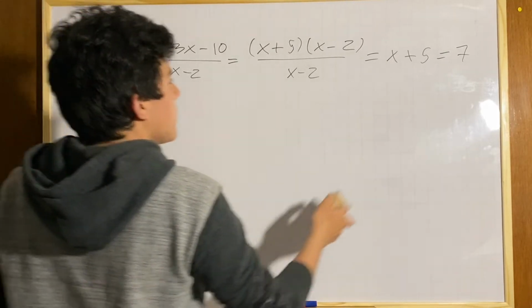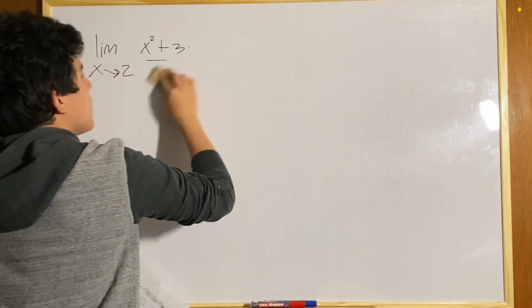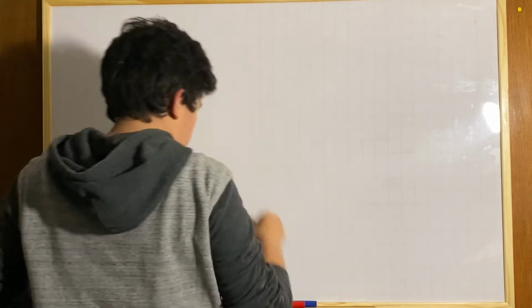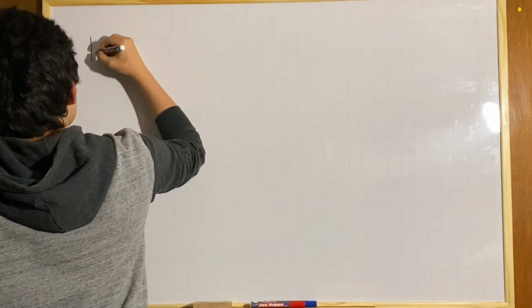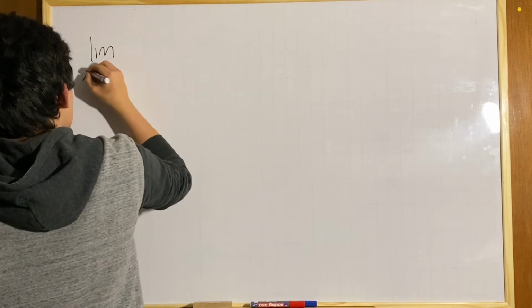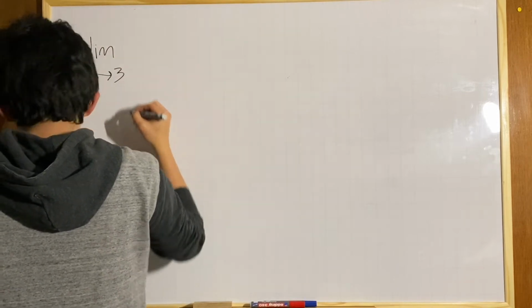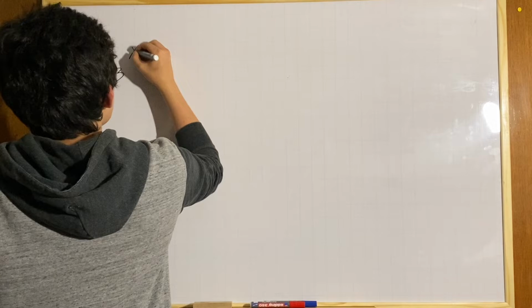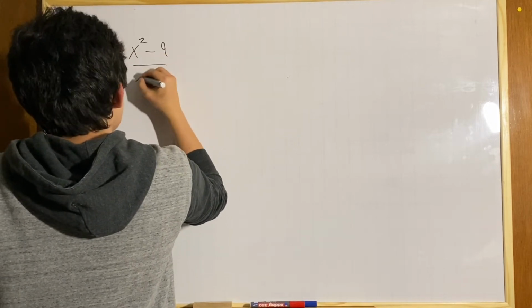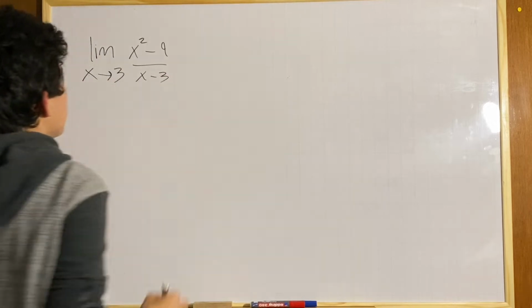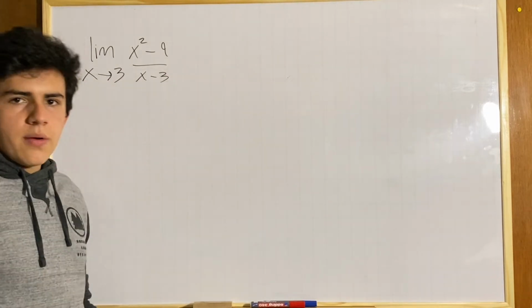Now our next limit, let's see how it goes. We have the limit, once again, as x approaches 3 of the function x squared minus 9 over x minus 3. This is a pretty easy one. I hope that you guys can see what we need to do here pretty much straight away. What do we do here?